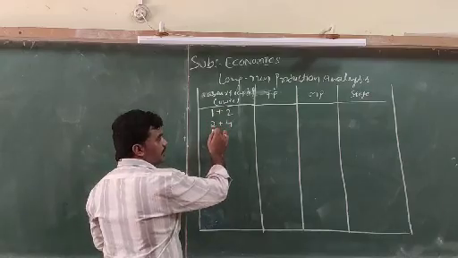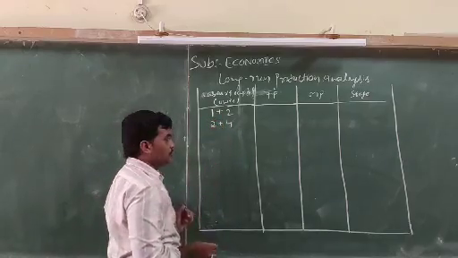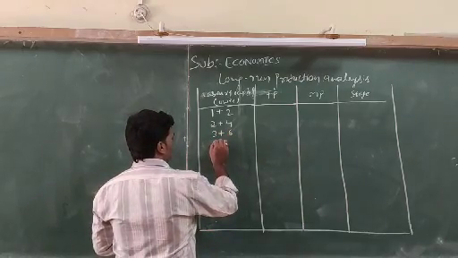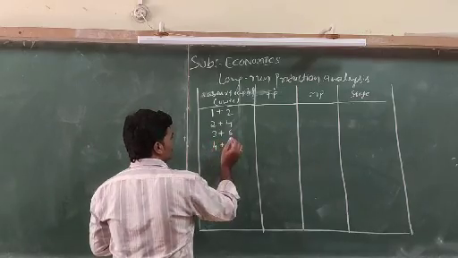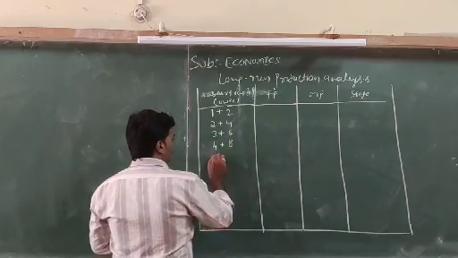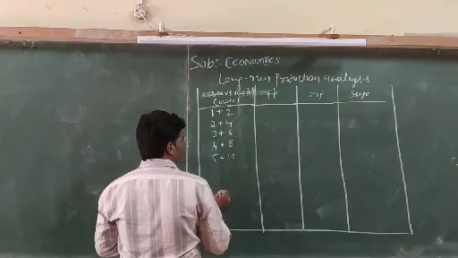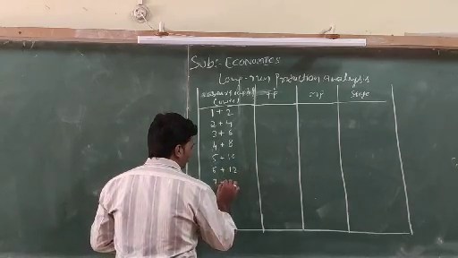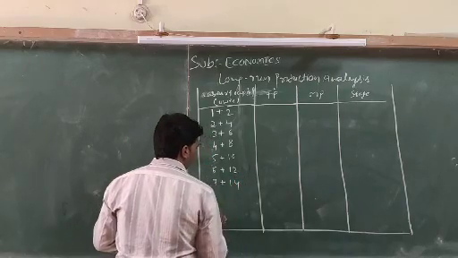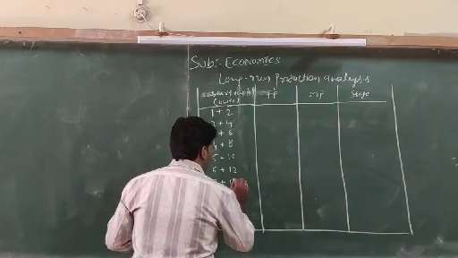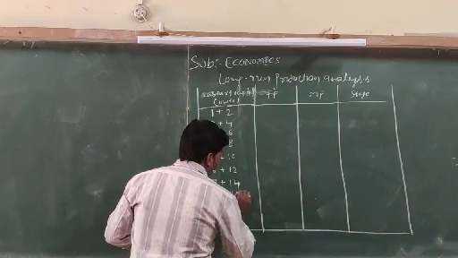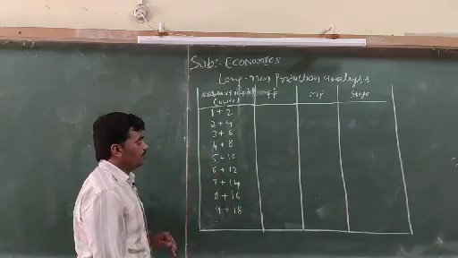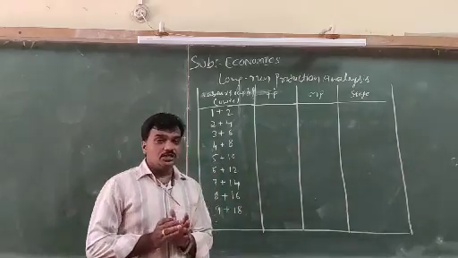See, the increase in factors is in the same proportion. 3 units of labor and 6 units of capital, 4 units of labor and 8 units of capital, 5 units of labor plus 10 units of capital, 6 units of labor plus 12 units of capital, 7 units of labor plus 14 units of capital, 8 units of labor plus 16 units of capital, 9 units of labor plus 18 units of capital.